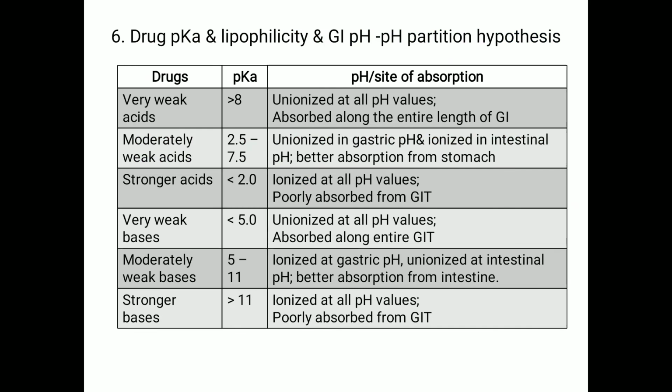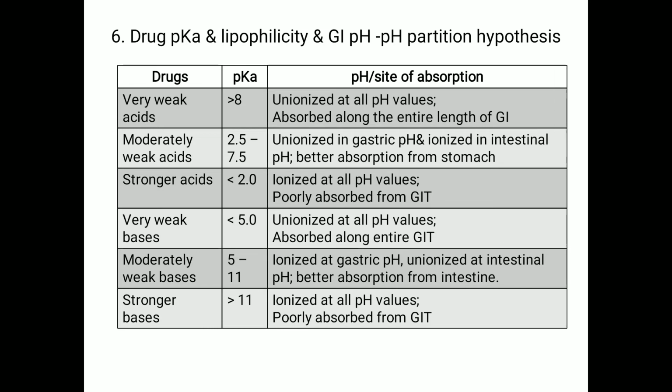Here the drug pKa and gastrointestinal pH play an important role. The amount of drug that exists in unionized form is a function of the dissociation constant, that is the pKa of the drug, and the pH of the fluid at the absorption site. It is important to express the dissociation constant, that is pKa, of both acidic and basic drugs.